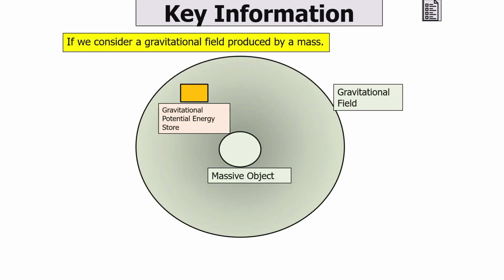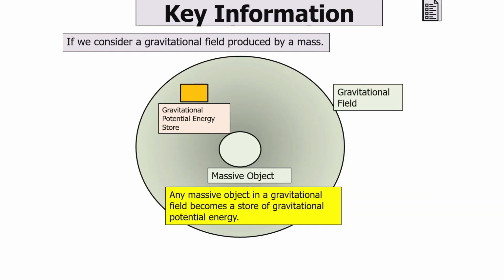So, if we consider a gravitational field produced by a mass, any massive object in a gravitational field becomes a store of gravitational potential energy. This is considered a scalar quantity, as the gravitational potential energy is stored in the object. It can be considered an absolute quantity, as it's not dependent on any other factor except the gravitational field.